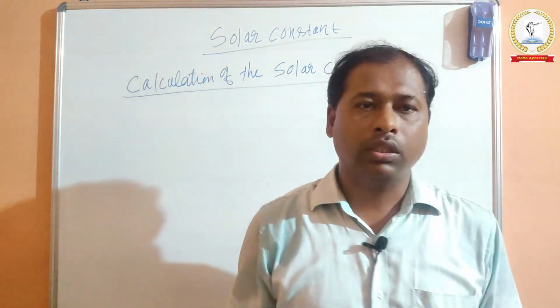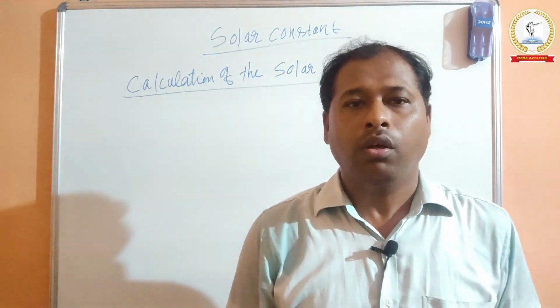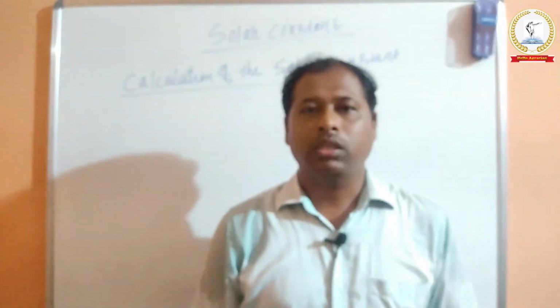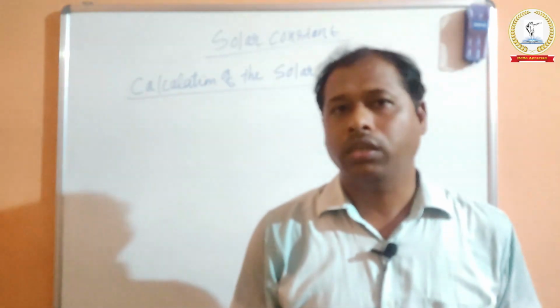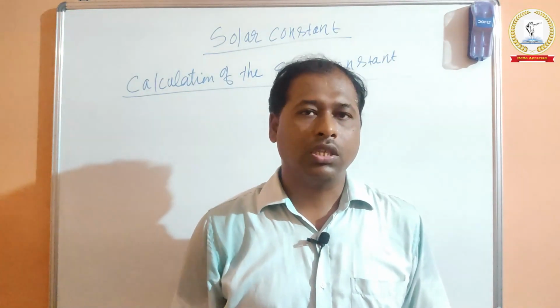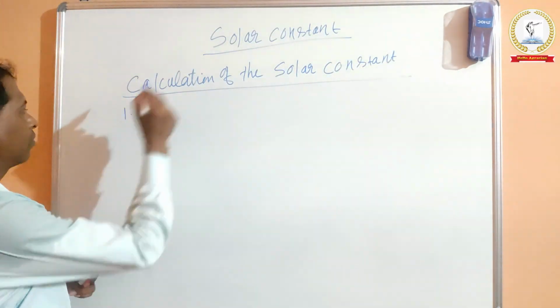For calculating this solar constant we need two primary pieces of information. One is the radiation incident perpendicular to the earth surface, and the second one is the mean distance between earth and sun.